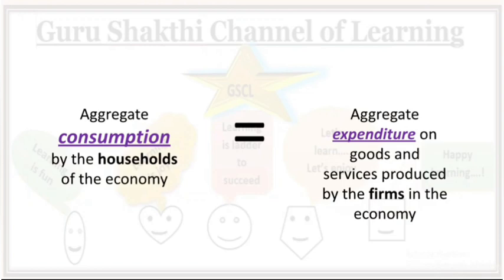Aggregate consumption by the households of the economy is equal to aggregate expenditure on goods and services by the firms in the economy. When we say aggregate, it means total: all the households, all the expenditures of the firm.